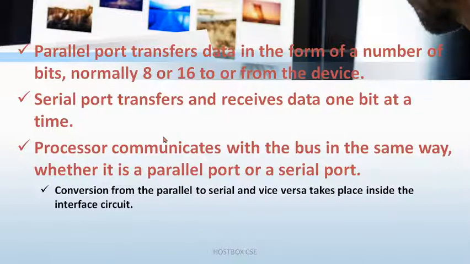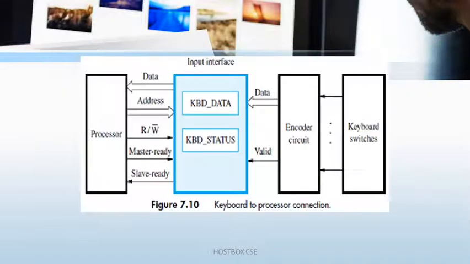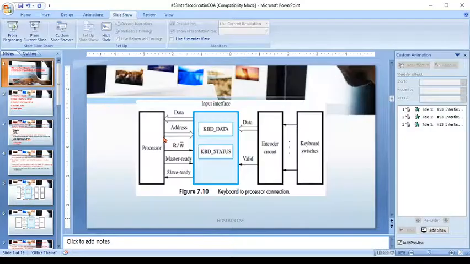So this entire thing is how the I/O interfaces communicate with a parallel port, followed by how the interface devices connect with a serial port. There will be one side and another side when you go for interface circuits. Before going there, we have one diagram.